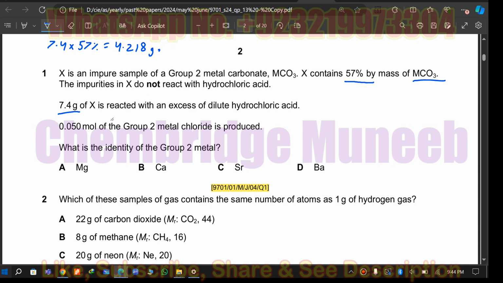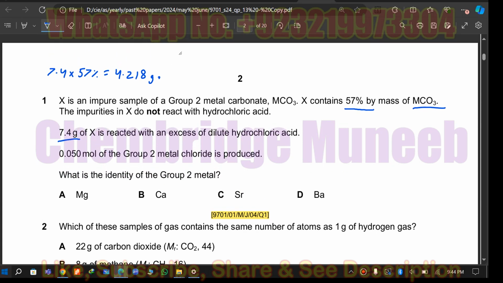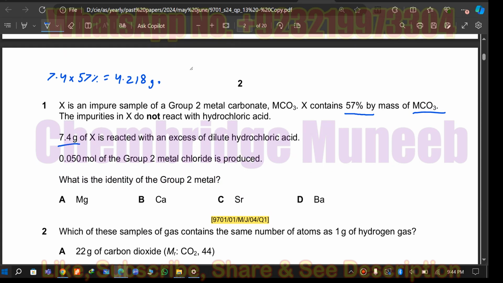After that, we are also provided the information that this MCO3 is reacting with the hydrochloric acid, and only the MCO3 will react, impurities will not, which means I can construct an equation for the MCO3 with HCl.